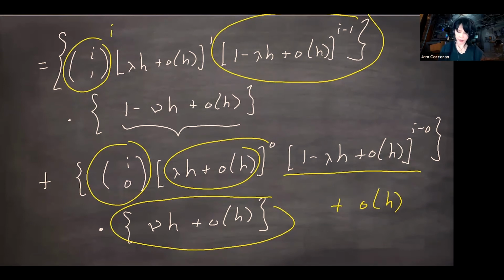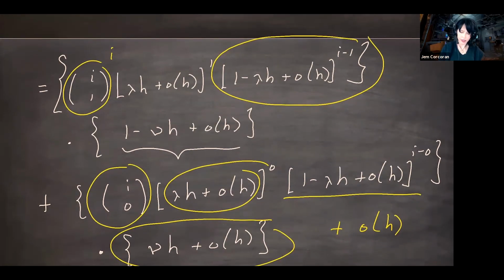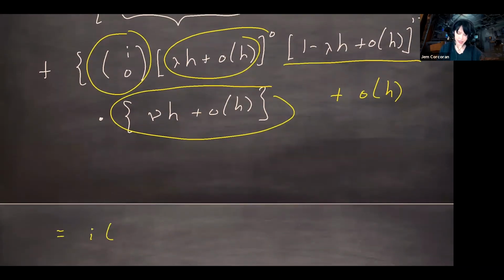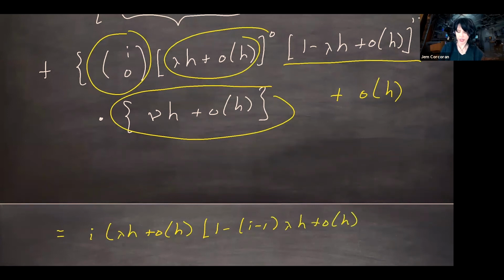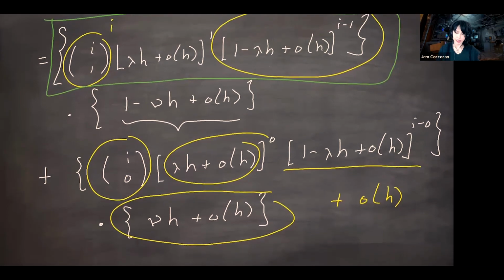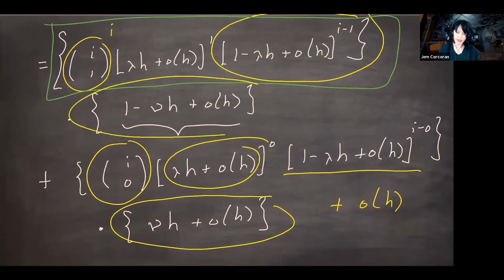Okay, the very next thing I'm going to write down is this. And then I'll circle it in green. So this is going to be I lambda h plus little o of h, and then 1 minus I minus 1 lambda h plus little o of h. So that is the part that I have written with a green box around it. And then I get this.